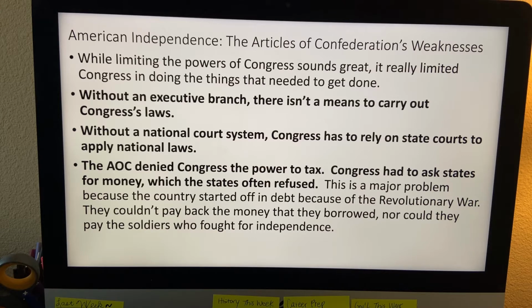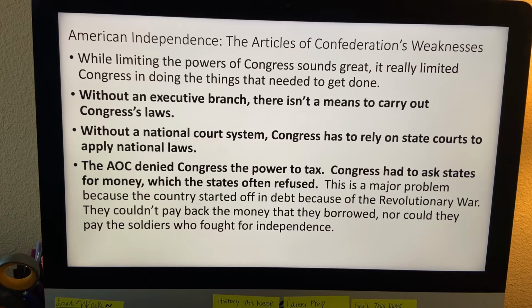So when Congress makes laws, it is their job to carry those laws out, and there isn't anybody to do that under the Articles. There is not a national court system. So there is no Supreme Court. And the Supreme Court is ultimately the one who decides how we are going to apply these national laws. And Congress has to rely on the states to do that.